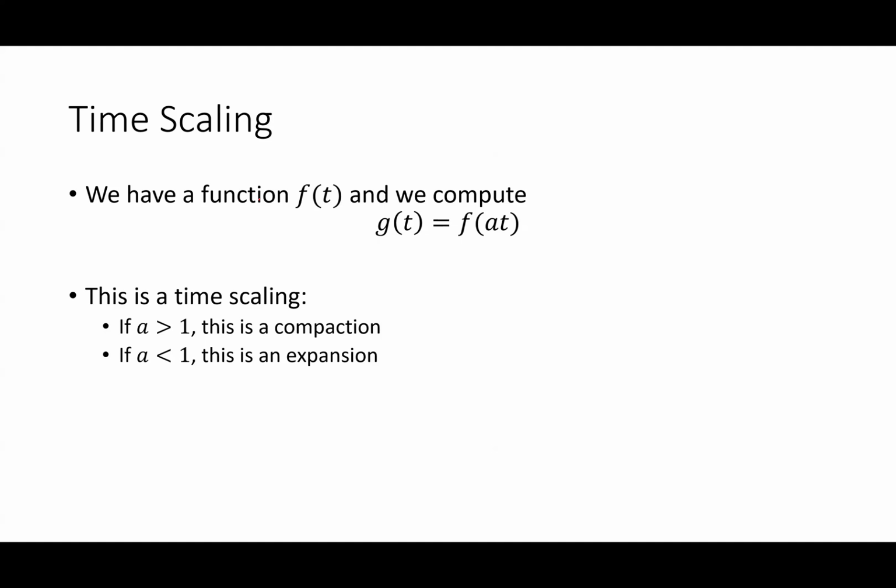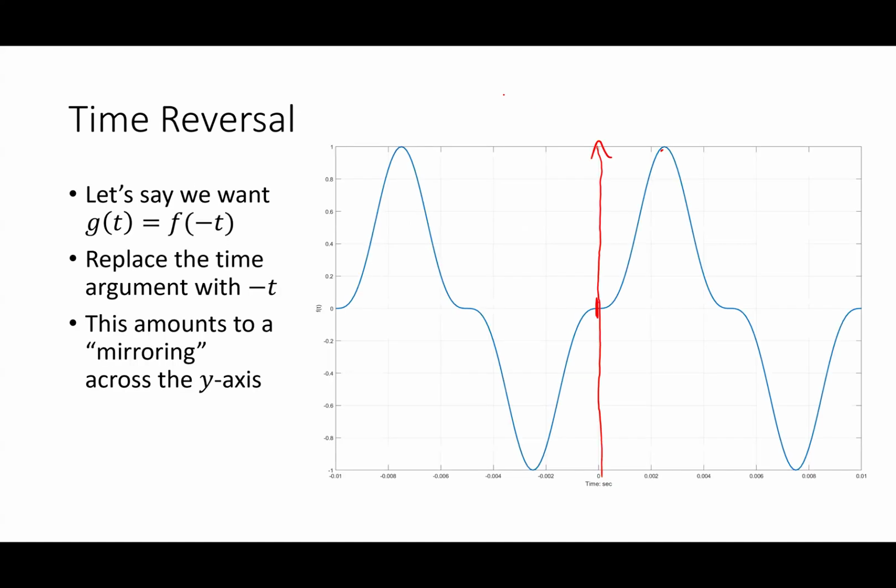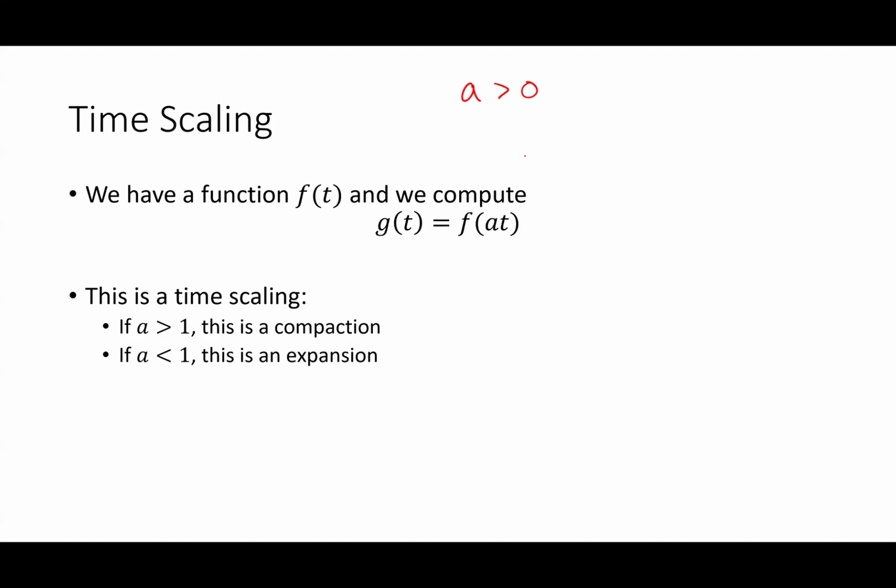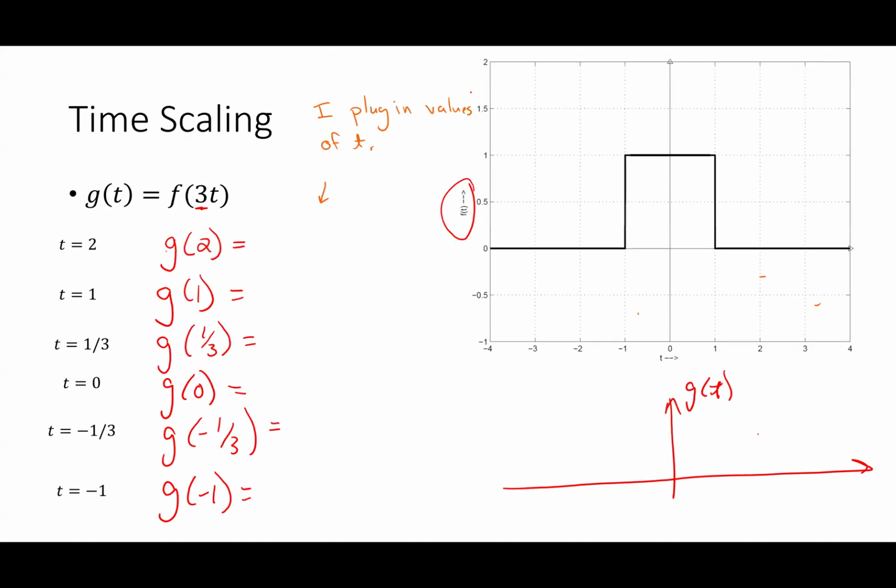And the key thing is, I should say a is a number greater than 0, because if I apply a negative, then I get the reversal. If I just think about a positive number a, and it's greater than 1, the signal gets compacted. If it's less than 1, it gets expanded. All right, so let's figure that out.